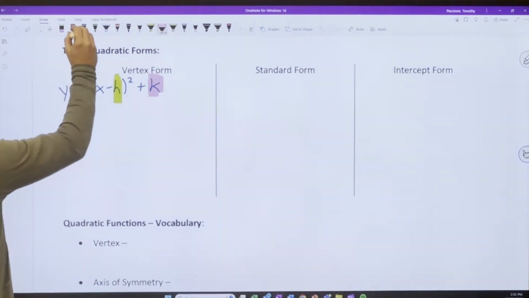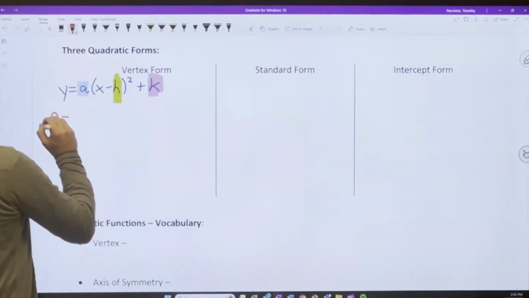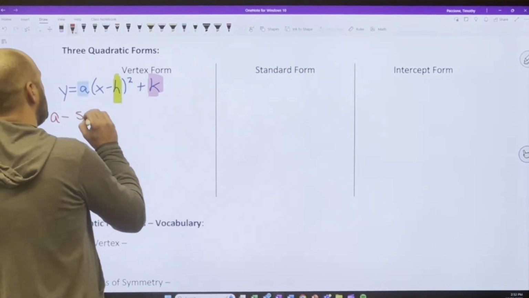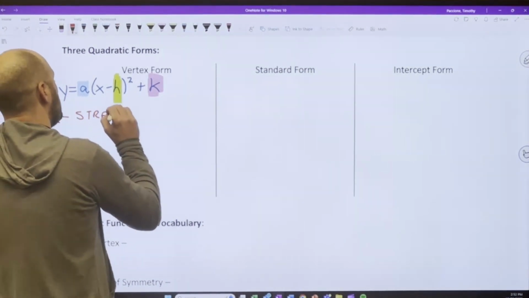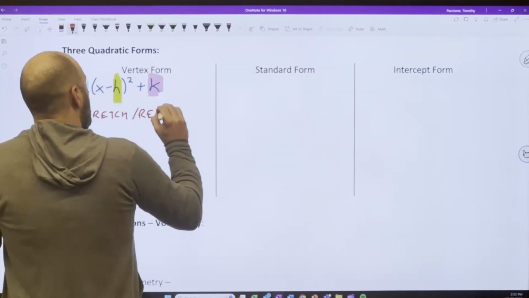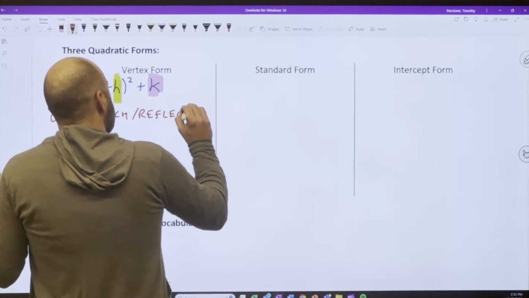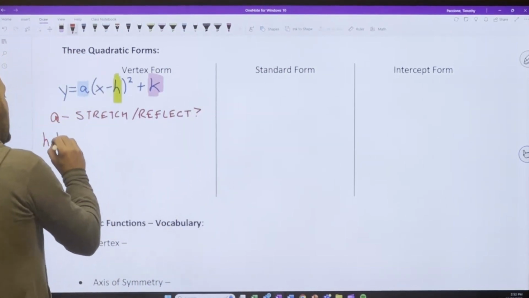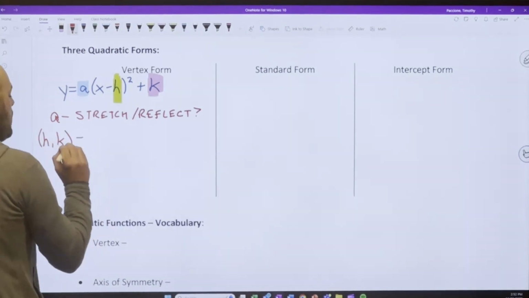Now we know the a is our what? It's our stretch, and it tells us about reflecting if we reflect. Okay? Now our h and our k are our what?